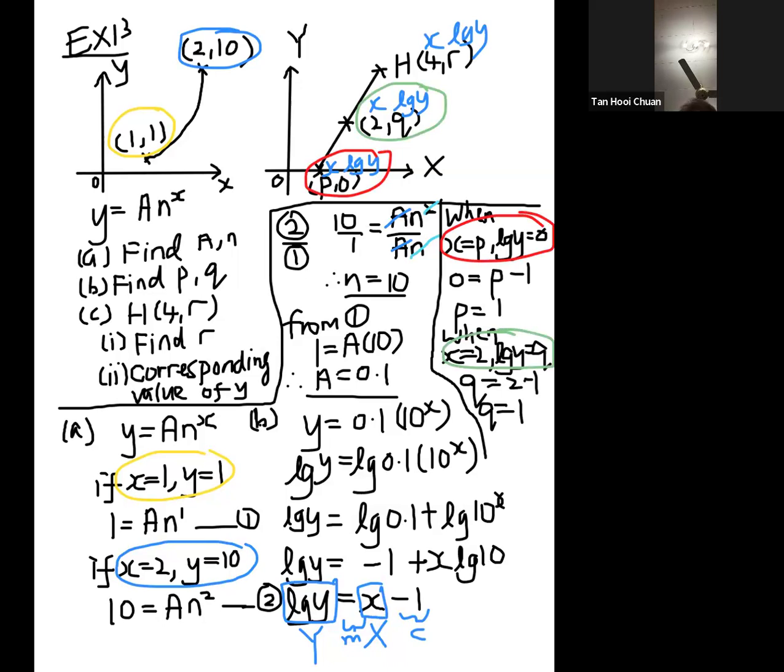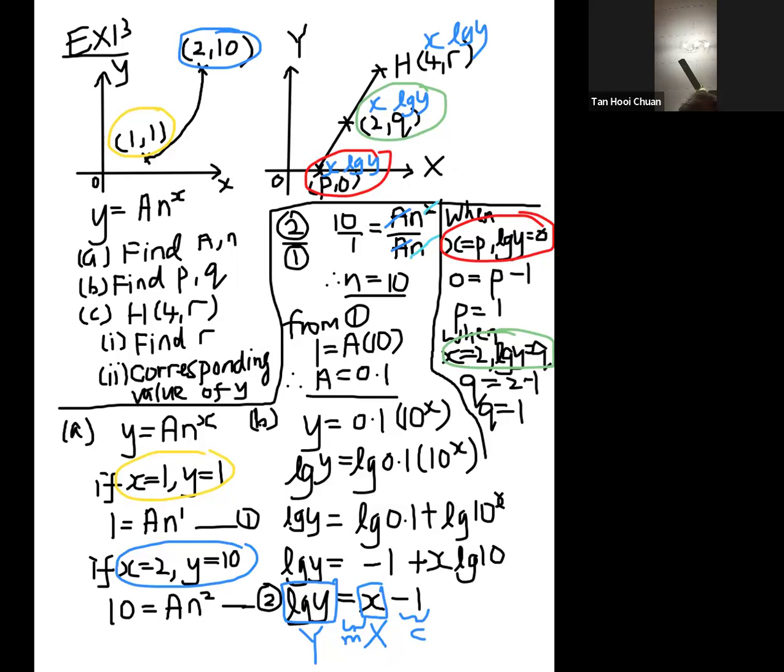Okay, so later is third set and so on. Third set, I think I write it here. Okay, C. Third set is this one. x equal to 4, lg y equal to R. Then you also can find your R. Where should I write it?